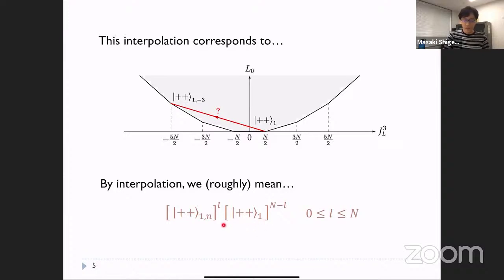So when L is 0, then you only have these unflowed strands, and you're here. But if you increase L, you start to have these flowed strands more and more, then you're going to go to this point. So that's what I mean by the interpolation.